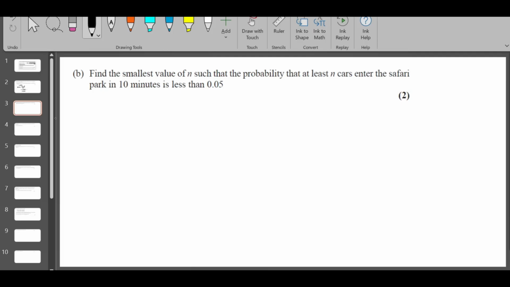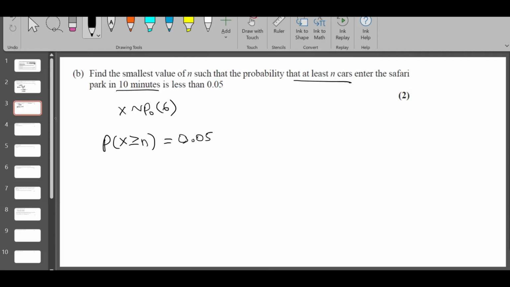Find the smallest value of n such that the probability that at least n cars enter the safari park in 10 minutes, so we still use X follows Poisson distribution of 6. It says X is at least n cars, so P of X greater than or equal to n is equal to 0.05.